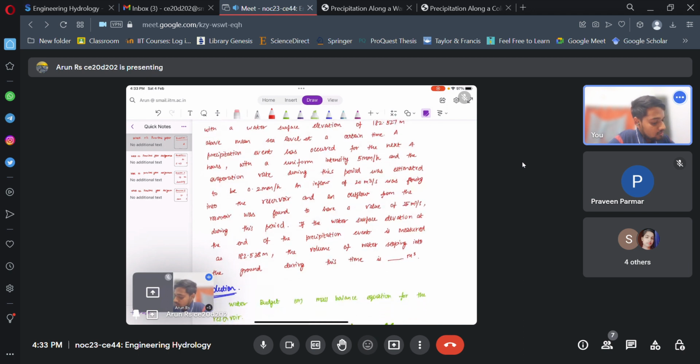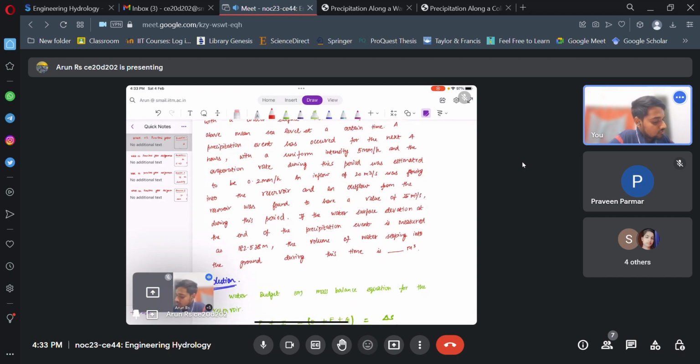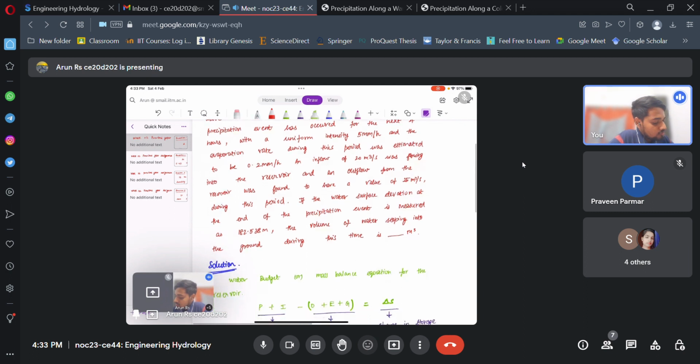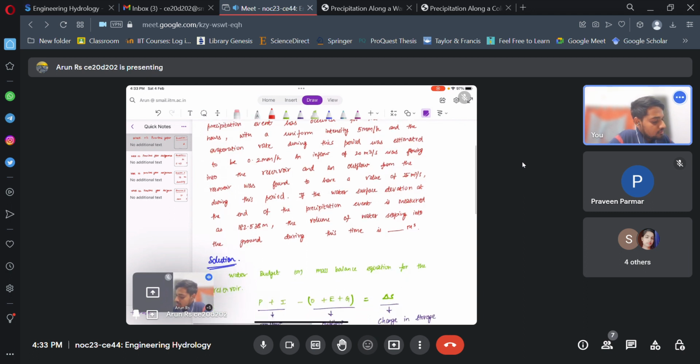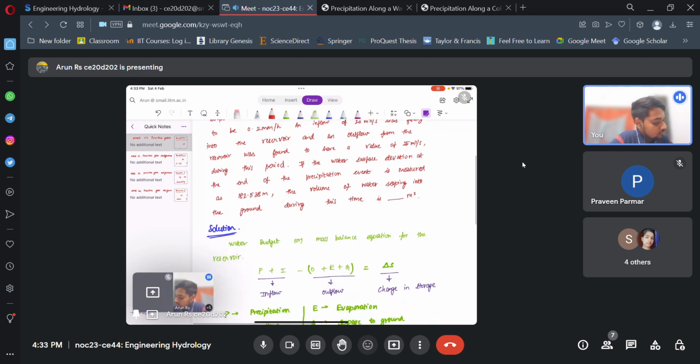A precipitation event has occurred for the next 4 hours with a uniform intensity of 5 mm per hour, and the evaporation rate during this period was estimated to be 0.2 mm per hour, and during the same time there is an inflow to this reservoir of 20 meter cube per second, and there is also some outflow from the reservoir which has a value of 25 meter cube per second.